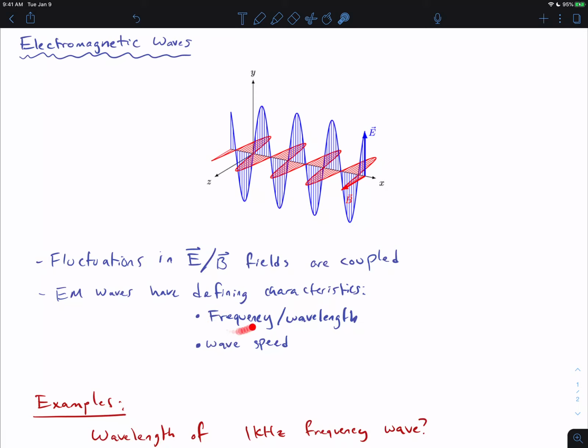So the first thing is frequency or wavelength. Okay, these two things are coupled to each other. And the second thing is going to be wave speed.